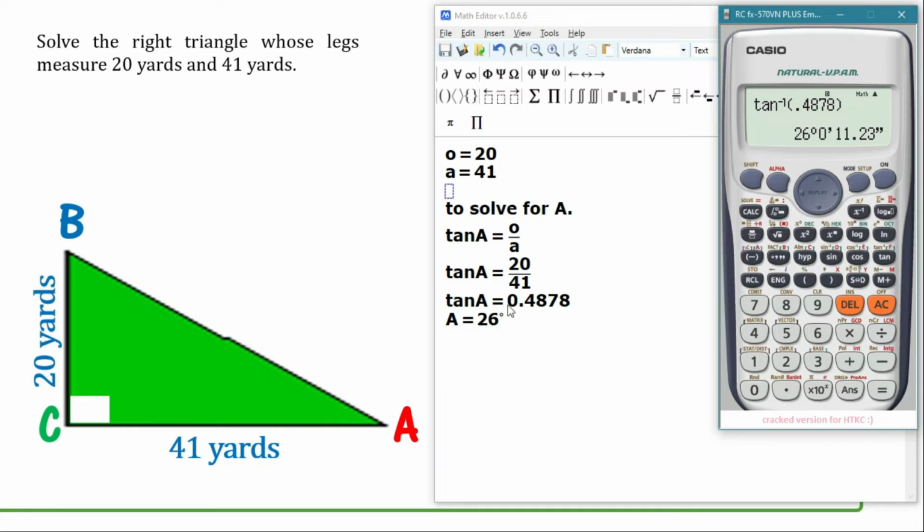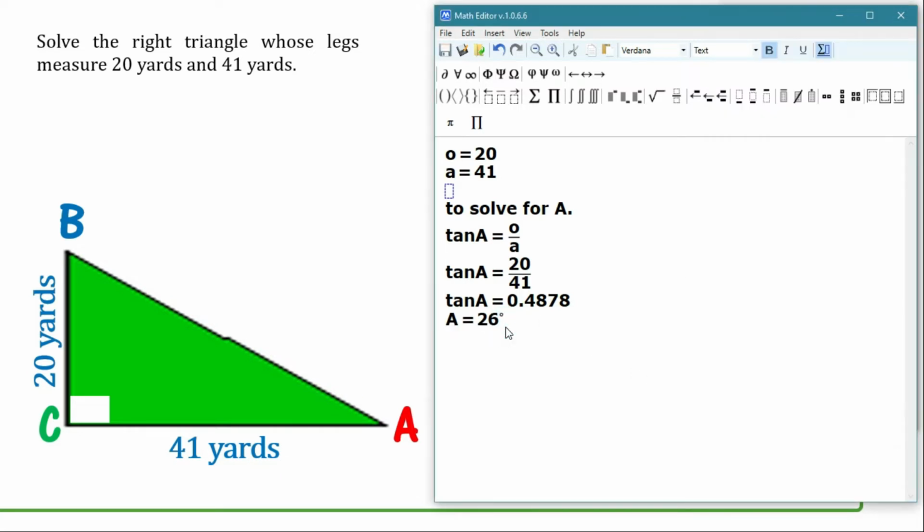Okay, next, since we are already given the value of A, okay na po tayo sa value ni A. So, pwede na po natin kunin yung value ni B. To solve for B, gamitin lang natin yung relationship na angle A and angle B are complementary angles.